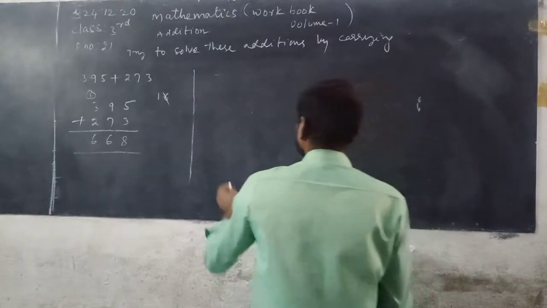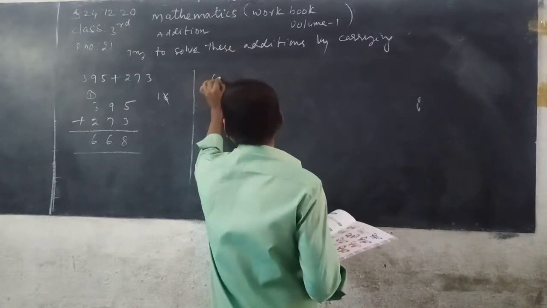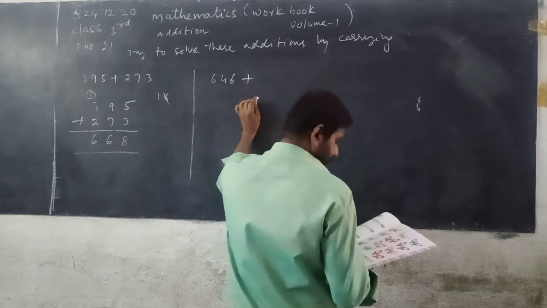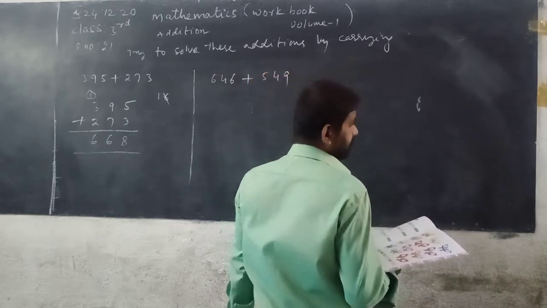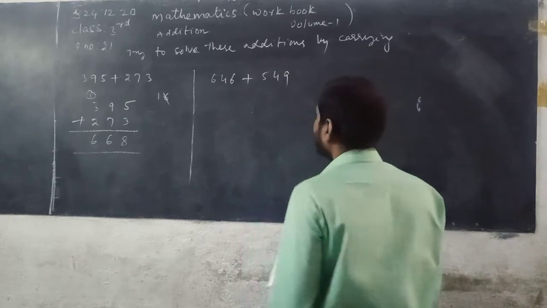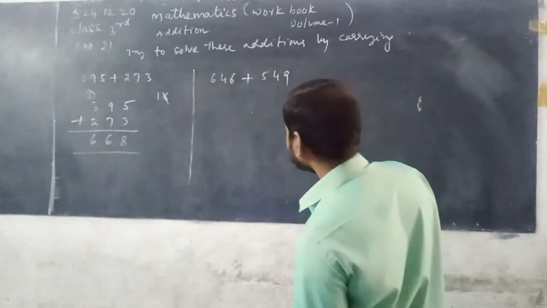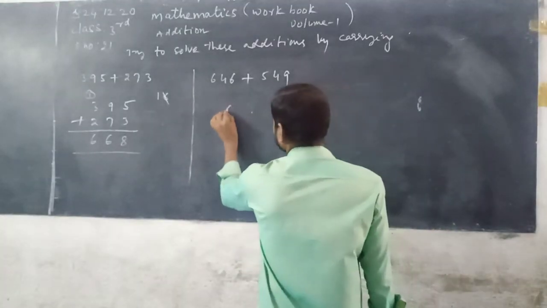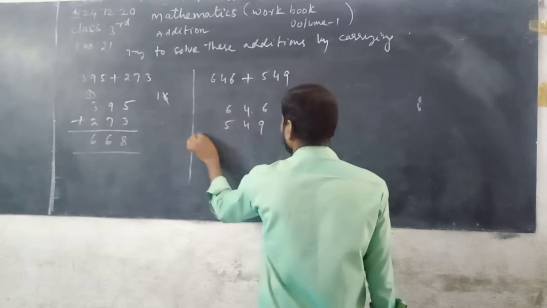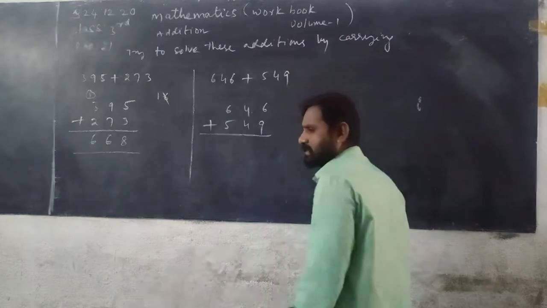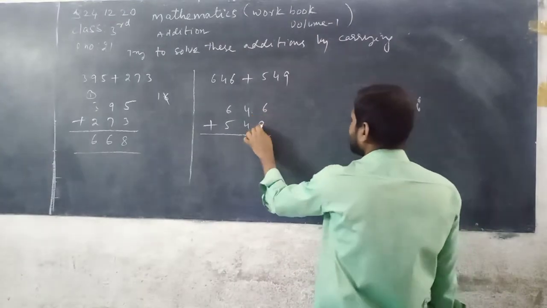Now next, 646 plus 549. First add the digits in ones place. 6 plus 9 is 15.